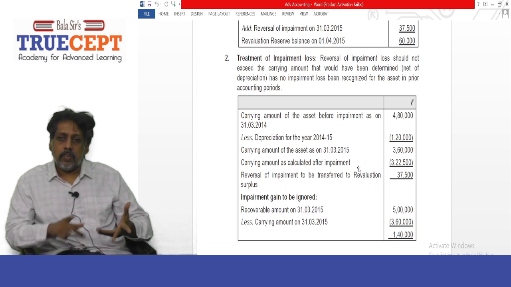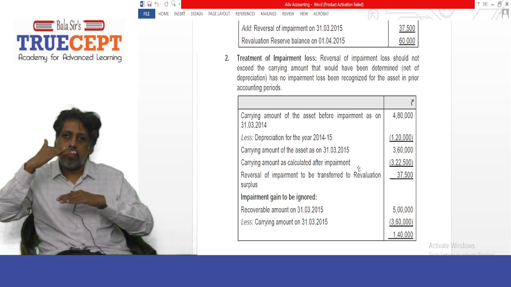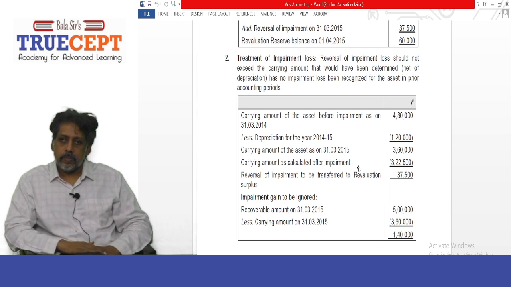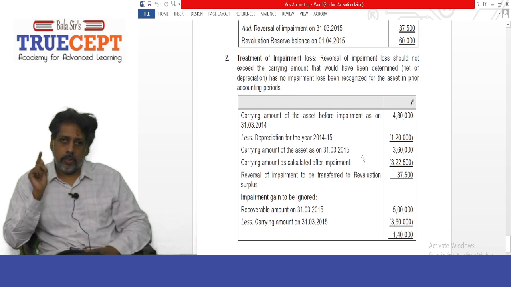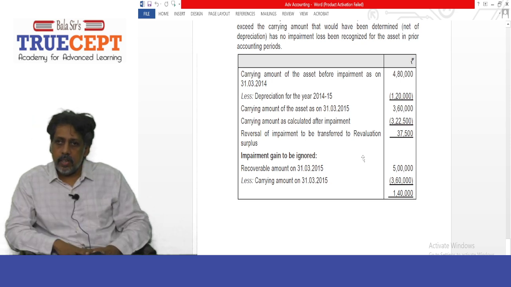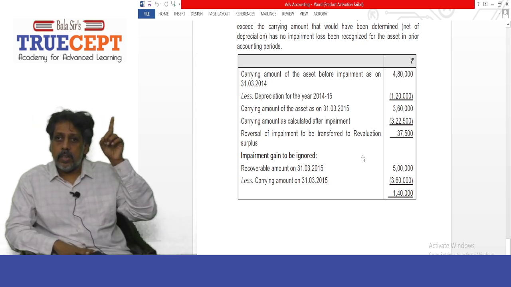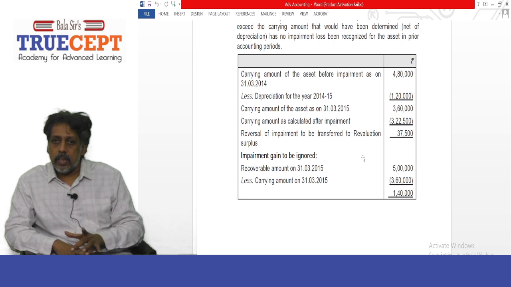So that means 3,22,500 can be taken up to only 3,60,000. Is that fine? The reversal of impairment to be transferred to revaluation surplus is 37,500 rupees. People ask, what about the difference between 3,60,000 and 5 lakh, the 1,40,000? That will not be recognized in your books.